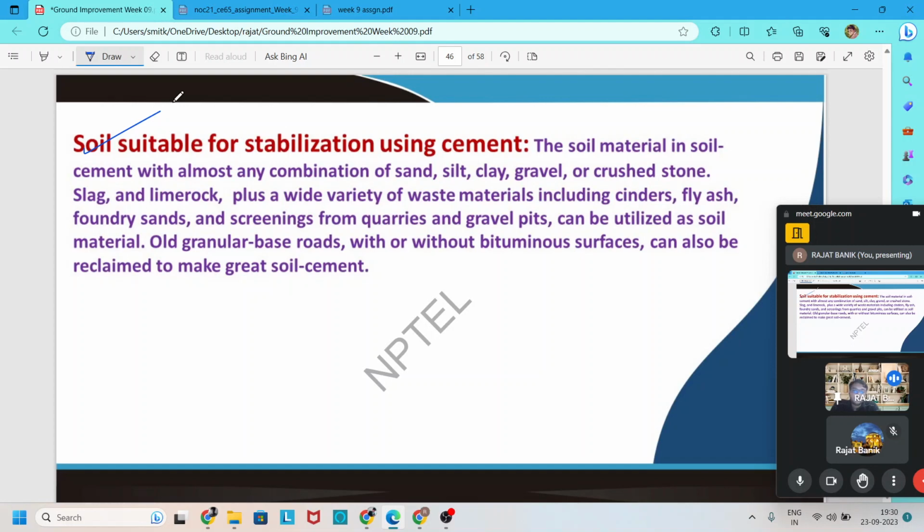All granular base roads, with or without a bituminous surface, can also be reclaimed to make great soil cement. So any type of soil, and any waste material also, we can use with this soil cement stabilization.